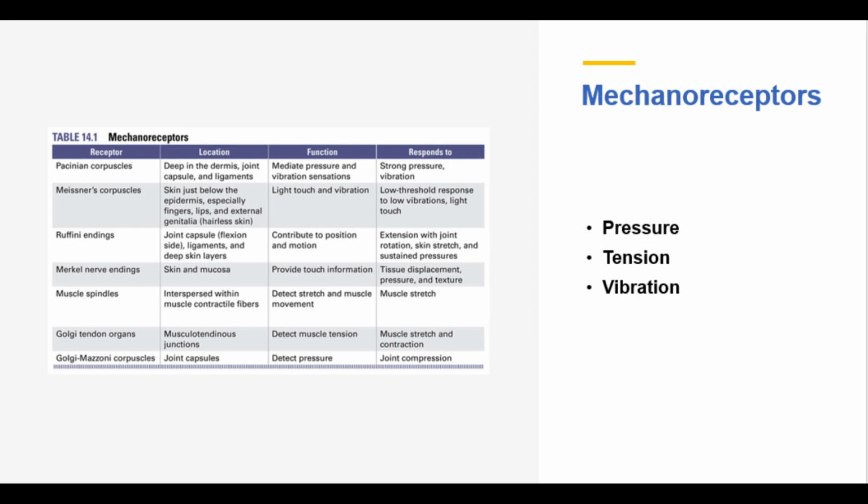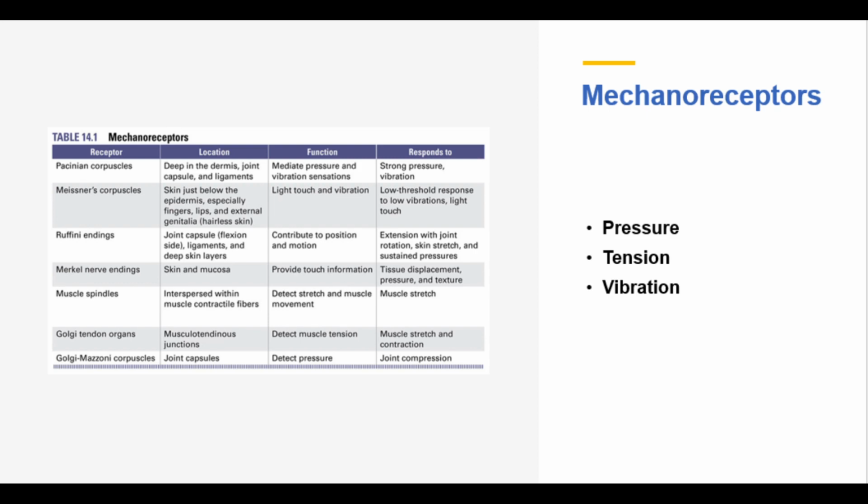Now we also have these mechanical receptors, specialized afferent nerve endings that can respond to mechanical stimulation, and this includes pressure, tension, and vibration. So you can see the various receptors, such as your Golgi tendon organs, which we speak about in this course, and you can see their location.